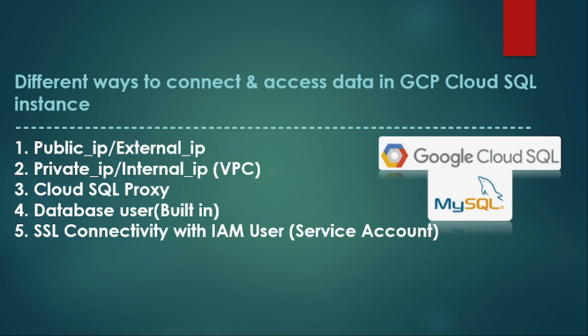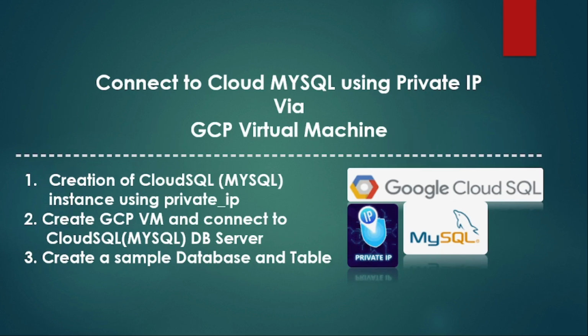When we come to the second approach, we are going to create a private IP when we create a CloudSQL instance, and we will configure it with the private IP. In this session, we are going to see the steps: how we can create a Cloud SQL instance and configure the private IP.